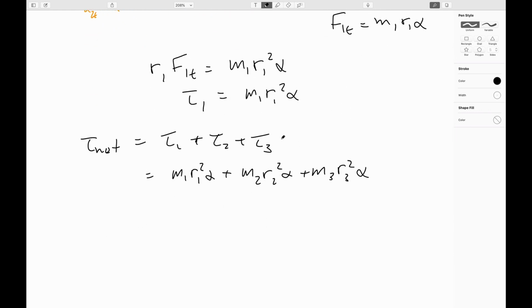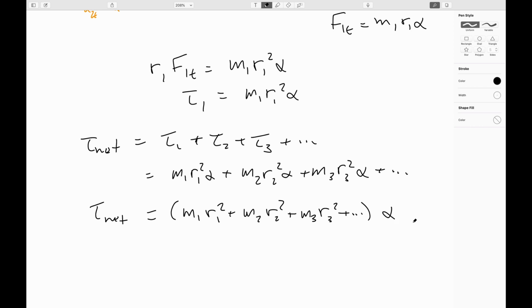All right, so we can then rewrite the net torque. We can pull out an alpha from everything, and you're left with M1 R1 squared plus M2 R2 squared plus M3 R3 squared and so forth, times alpha.